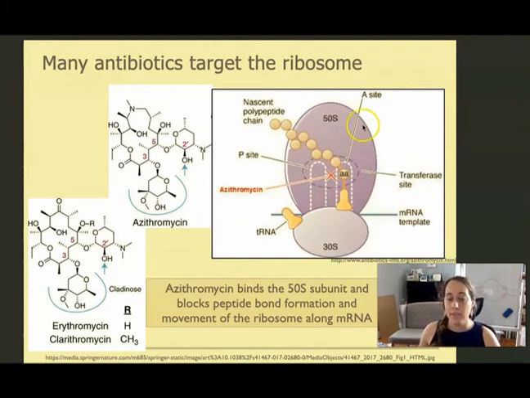And so some antibiotics will target the ribosome and stop translation throughout the entire cell. And as I said, if a cell can't perform translation, then it's not going to be functional. It can't make any proteins. It's like past the point of a struggle bus. It's like, well, you can't replace anything.